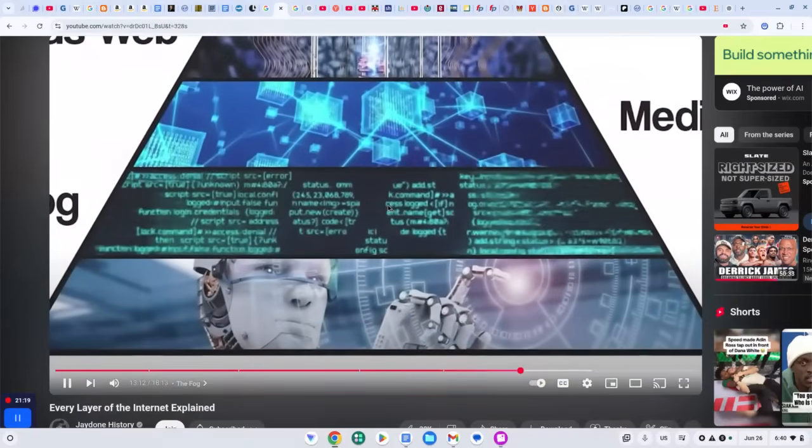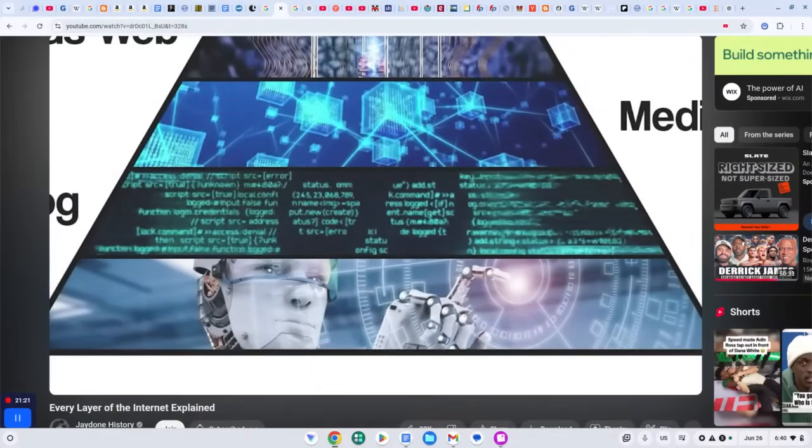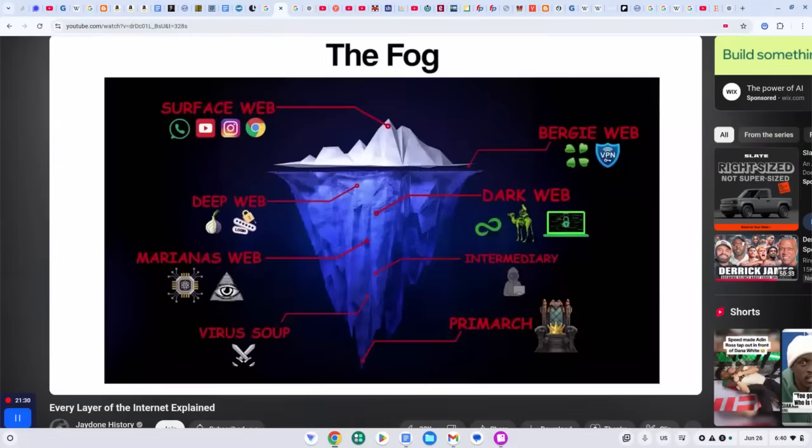The fog, also known as virus soup, is a term rooted in internet folklore, referring to an alleged layer of the internet where chaotic, unregulated, and often malicious digital activity occurs. While not recognized by mainstream computer science, the concept of the fog serves as a metaphor for the murky, unstable, and potentially dangerous digital undercurrent that supports the broad structure of the internet.